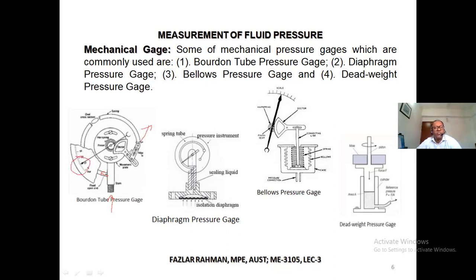Okay. But what is the problem over here? You see, this pressure force is transmitted by too many mechanical parts. And if you use it over 5 years or 3 years, then you might not get an accurate result, because this tube works like a spring, right?